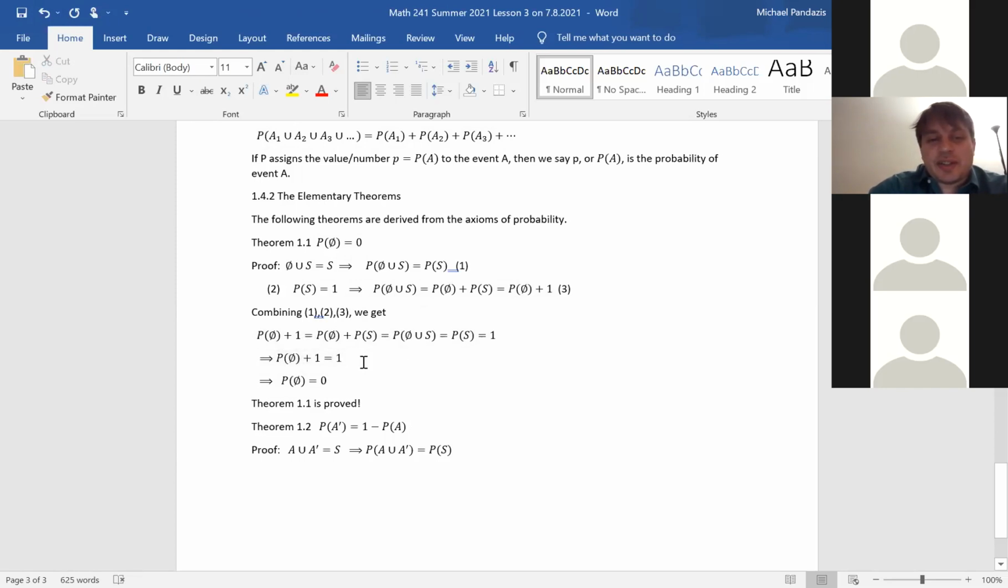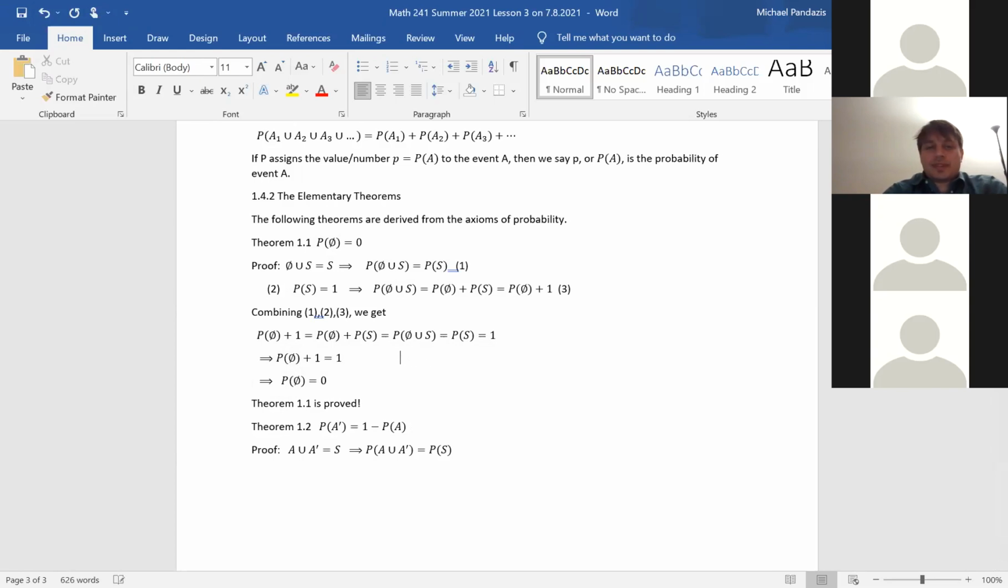Sometimes the easiest thing you don't think of because you're looking at all these probabilities, and so you're not thinking about subtracting 1 on both sides. It's just simple subtraction of 1 on both sides. It's like if you had an equation x plus 1 equals 1, you'd solve for x, and it would be 0. Here, the variable is P of the empty set.